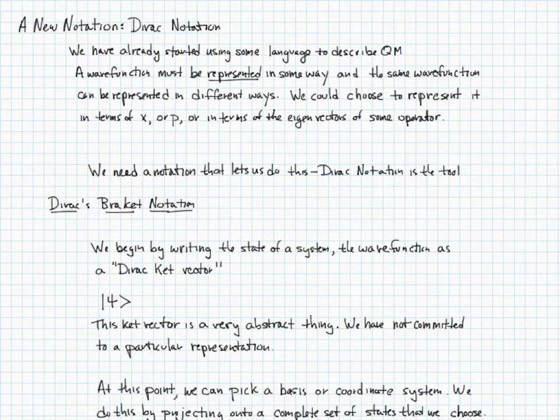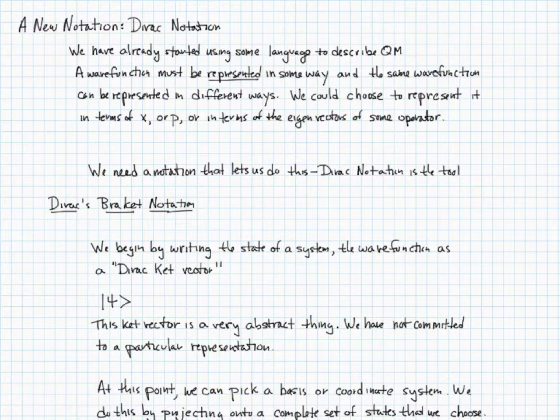So we have been talking about quantum mechanics, and we've been using a particular language. We have said that a wave function must be represented in some way, and that the same wave function can be represented in different ways. We could choose to represent it in x or p or eigenvectors of some operator. So the point here is we have this abstract thing that represents a system, and we call it a wave function.